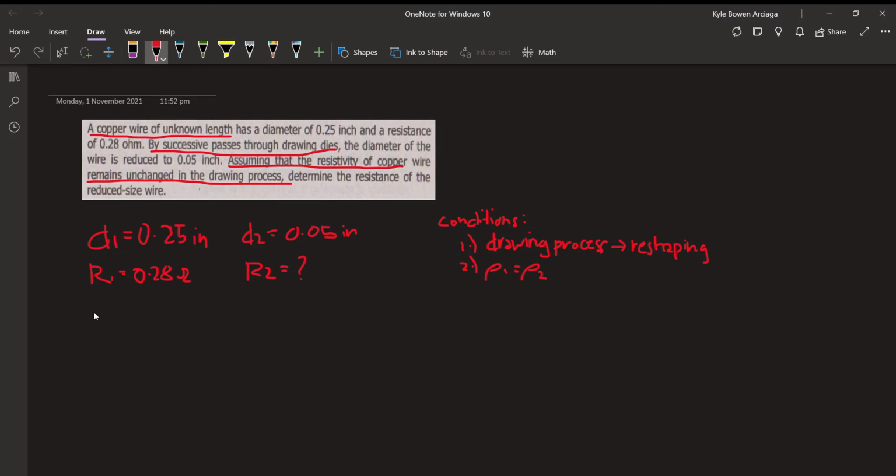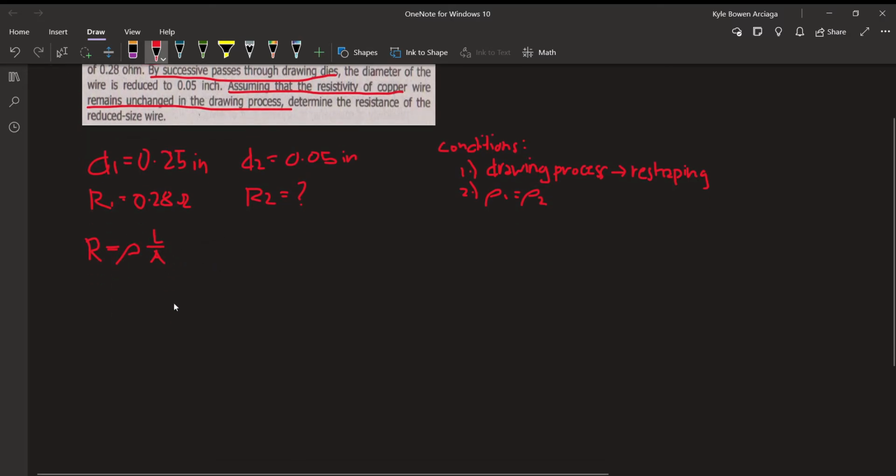Solution. As you all know, we have a formula of resistance in relation to resistivity, length, and area. So we can solve this by doing a ratio and proportion of this equation with the first and the second condition state.